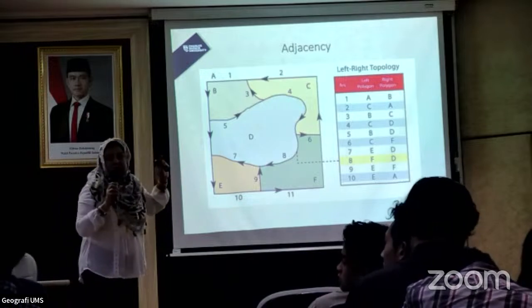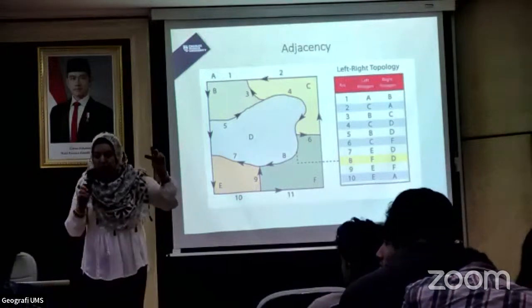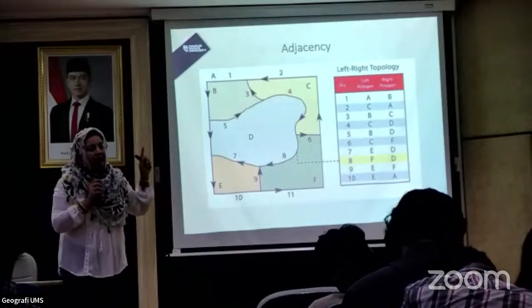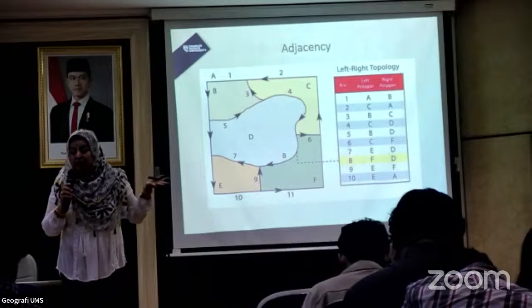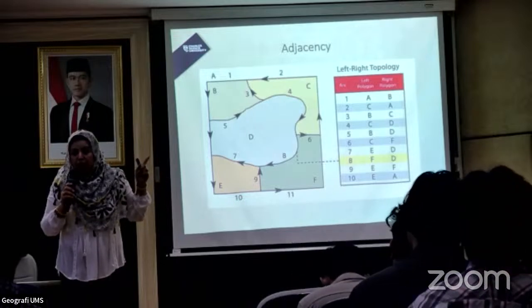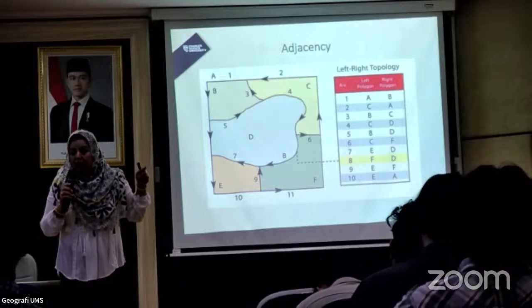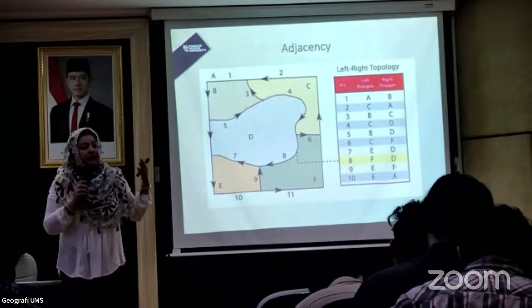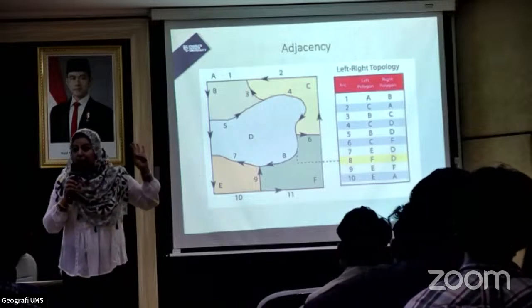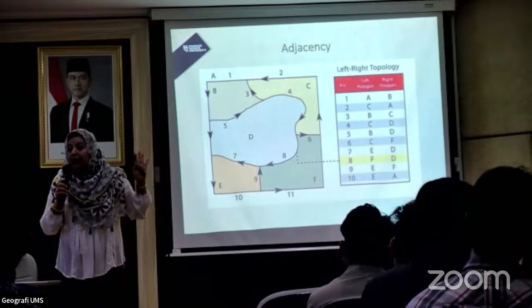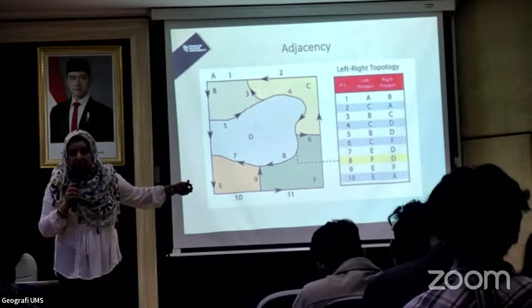So first one is orientation. Say it with me. Orientation. Topological property. Orientation. Second, connectivity. Very good. Third, adjacency, which we have just discussed now.